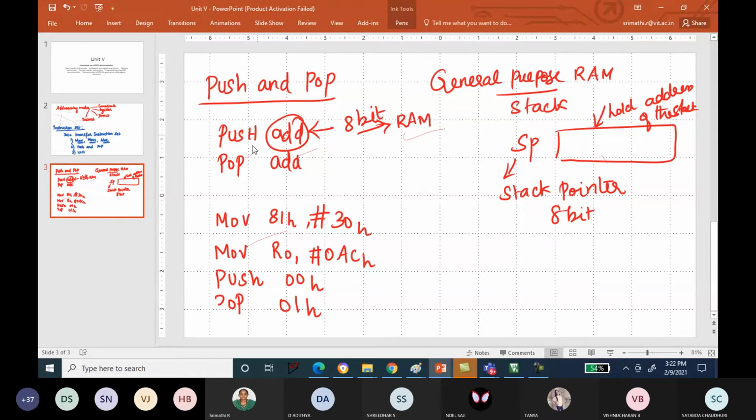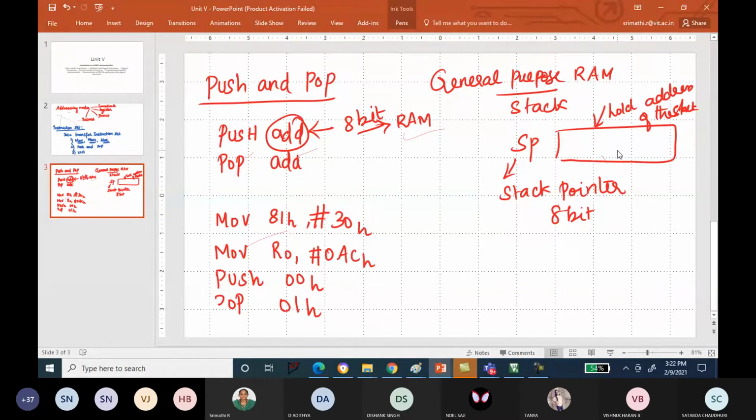Stack is nothing but we will be using the general purpose RAM. And the register used for pointing to the stack memory location is the stack pointer register. It is an 8-bit register. The stack pointer register will be holding the address of the stack, and the stack will be decided by the user.